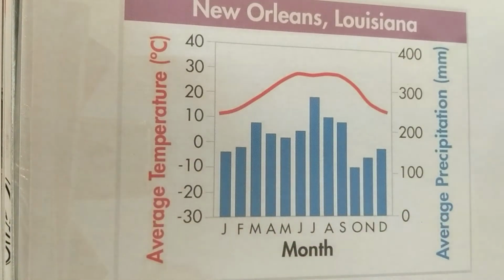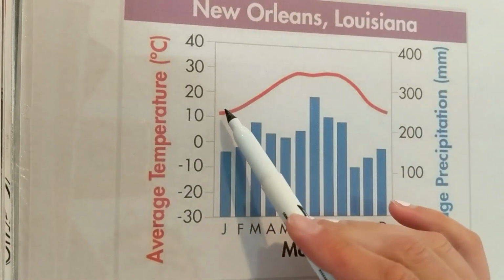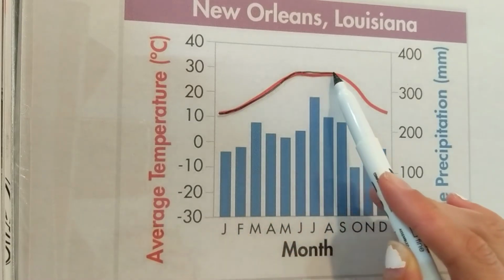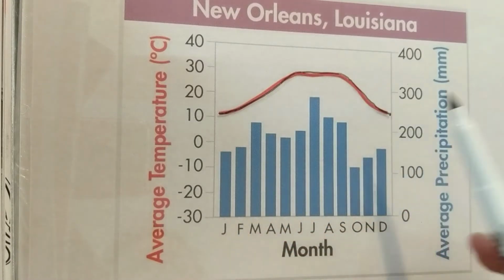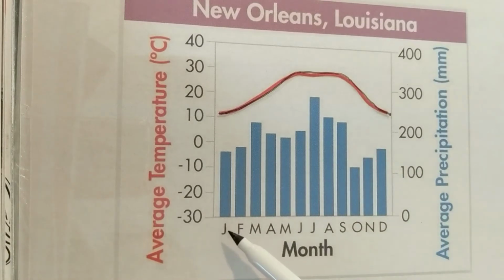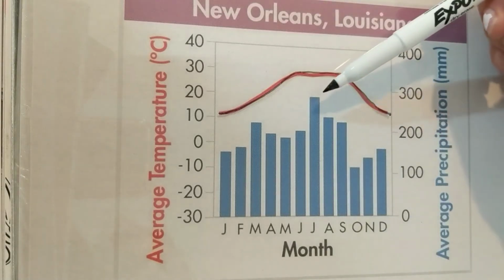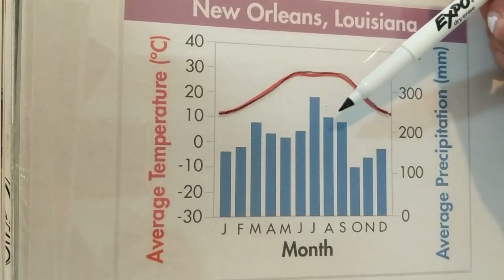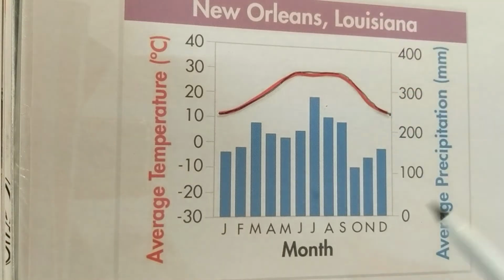Let's take a look at the average temperature in New Orleans, Louisiana. It stays fairly warm all year, with an increase peaking in the summer months. Going from January through December, our peak temperature is usually in July, and it's still fairly high in August and September.